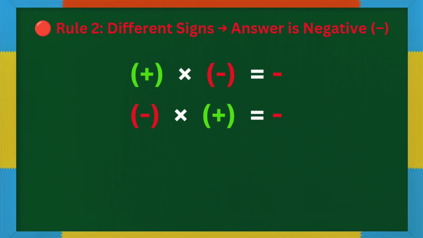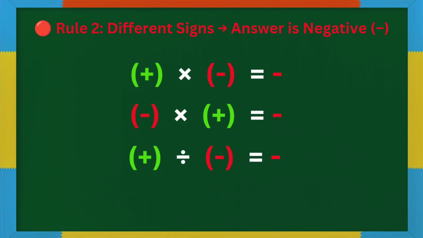Now, the first division rule is when you divide a positive number by a negative number, the answer is always negative. We can say that plus divided by minus is equal to minus.